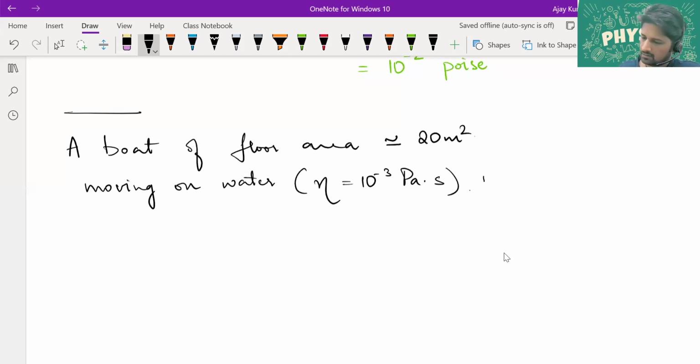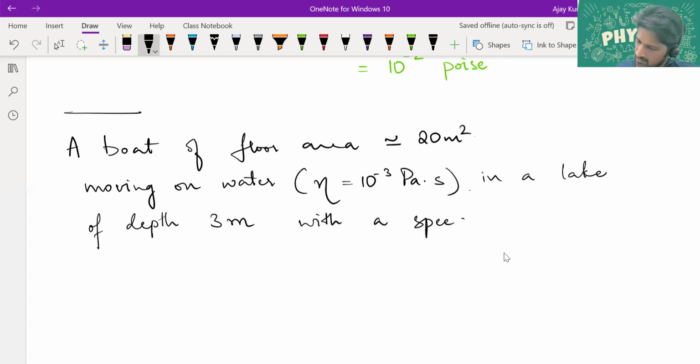In a lake of depth, let's say 3 meters. Pond or lake you can consider. It is moving with a speed of, maybe, 2 meters per second.